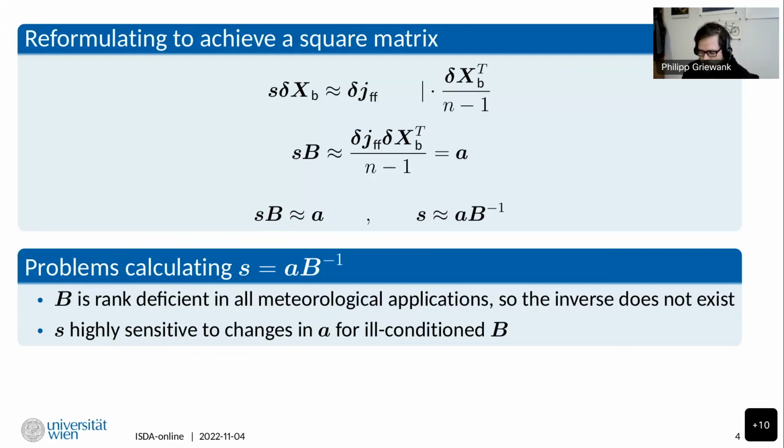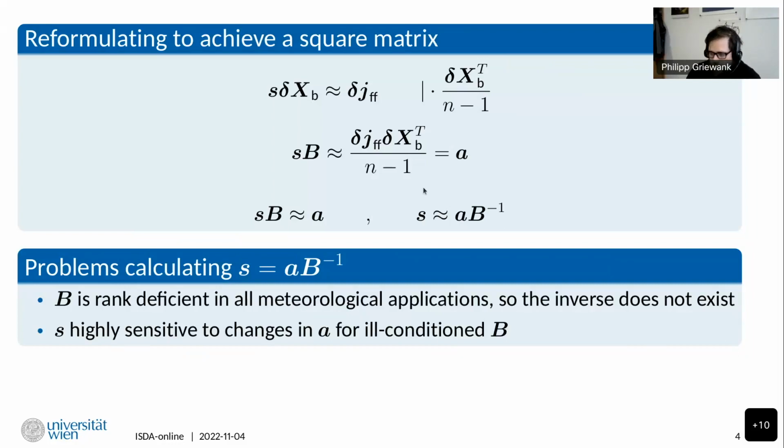So the inverse just doesn't exist to begin with. And even if it did, B is most likely going to be highly ill-conditioned. And that means that in this approximation, when you're solving for S for a given A, any slight changes in A will lead to very, very big changes in S. So these are both not ideal.